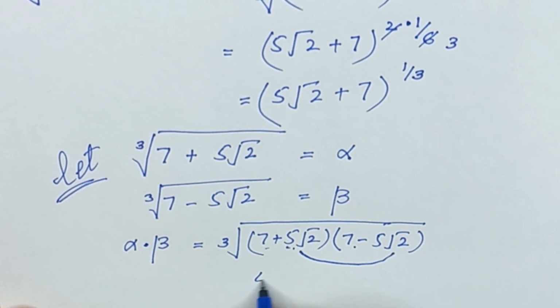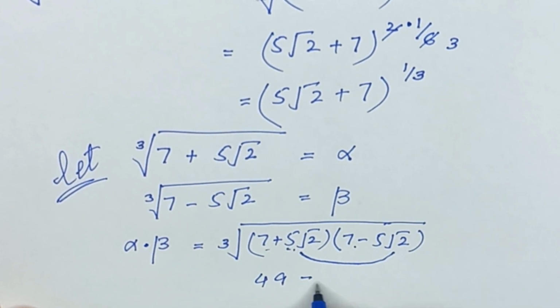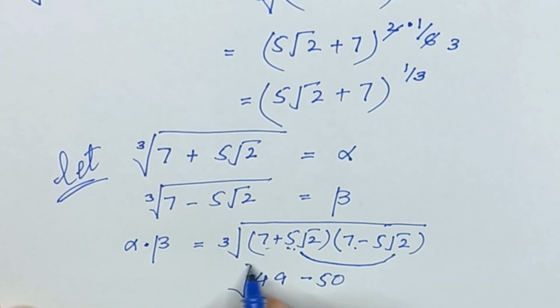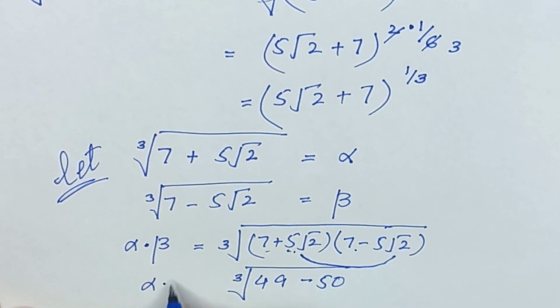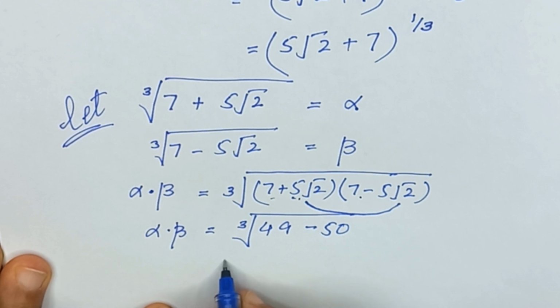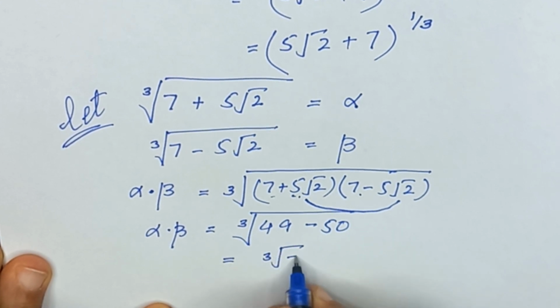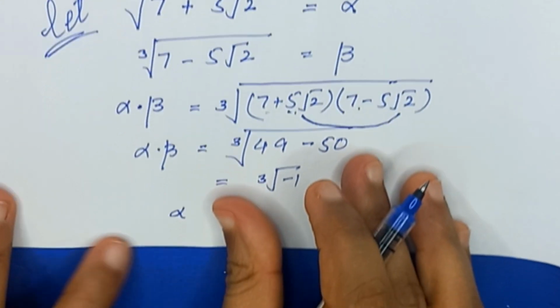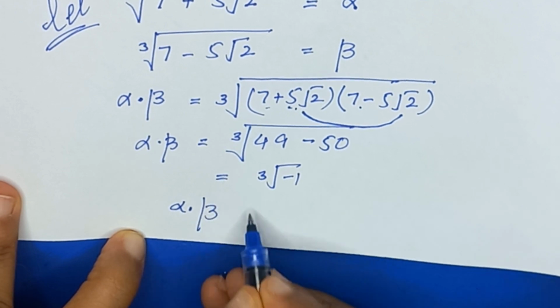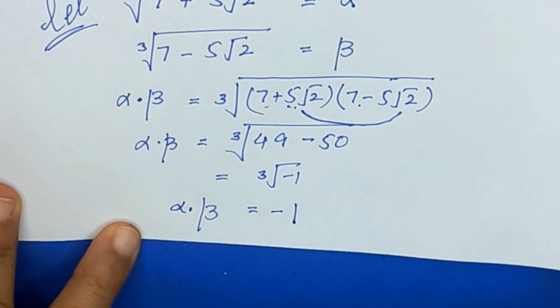So it will be the cube root of 49 minus 50, which is equal to the cube root of -1. So that means alpha times beta is equal to -1.